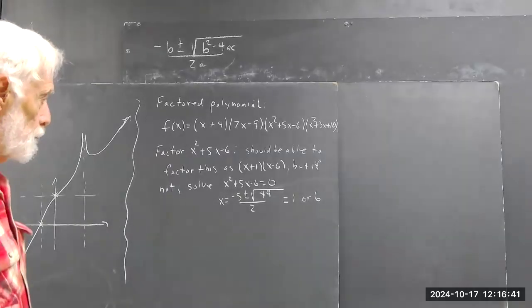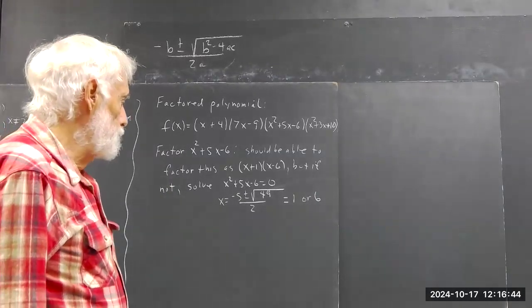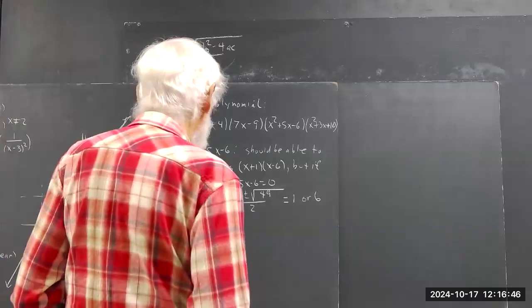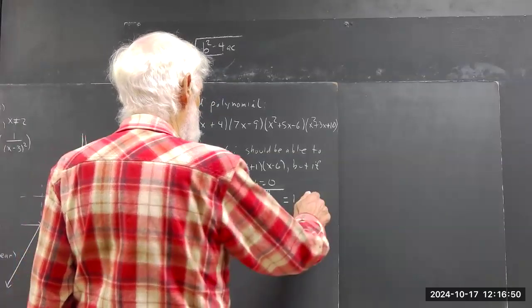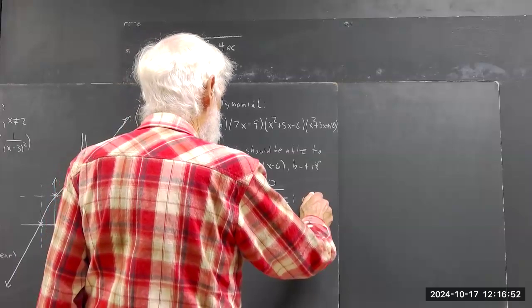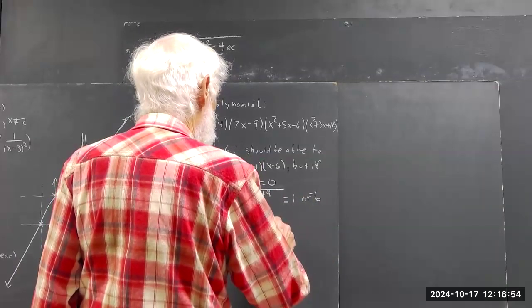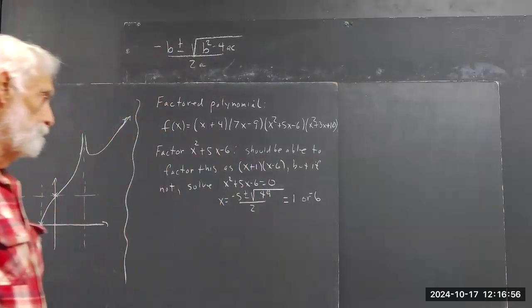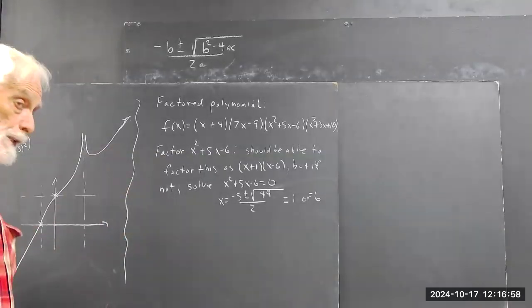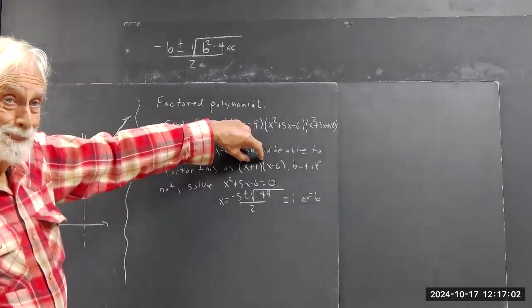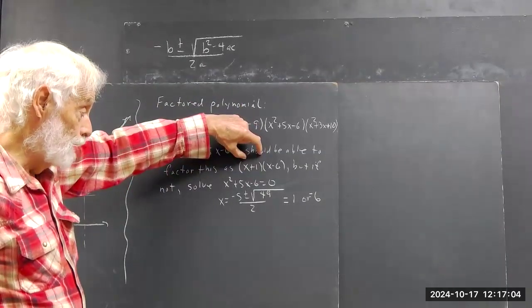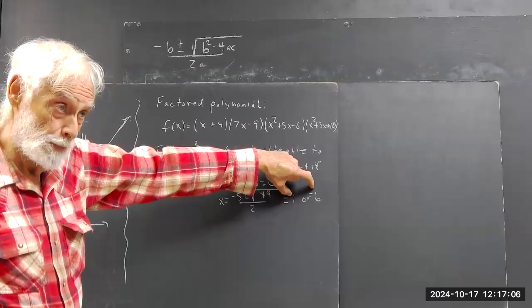The quadratic formula very quickly gives you 1 or -6. Just making sure I wrote it down right. It had to be 1 or -6 because this is how it factors. If you don't know that this is how it factors, this tells you this is how it factors.